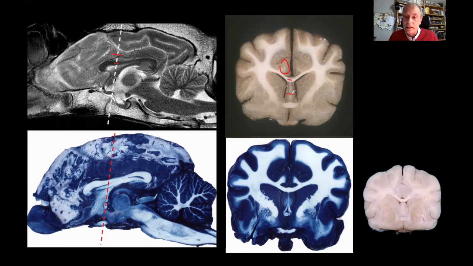This telencephalic septum has a cellular portion, that is this one here, and a pellucid portion here. Underneath, we have the rostral commissure here. Again, you see here corpus callosum, telencephalic septum, and rostral commissure.